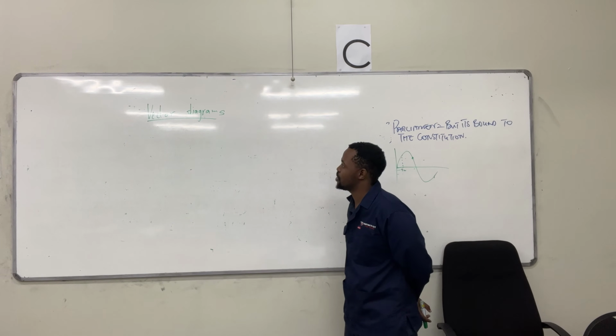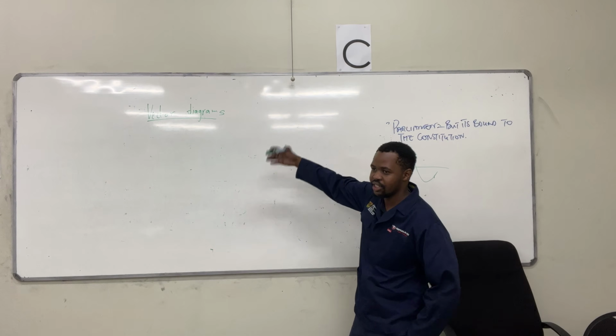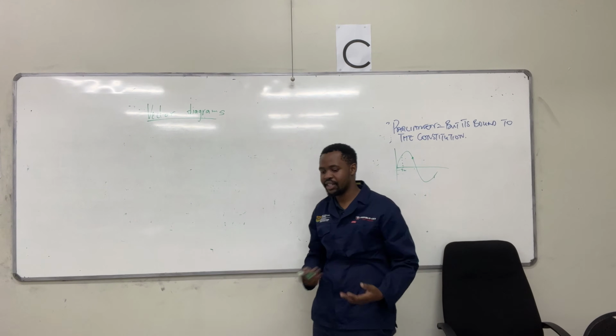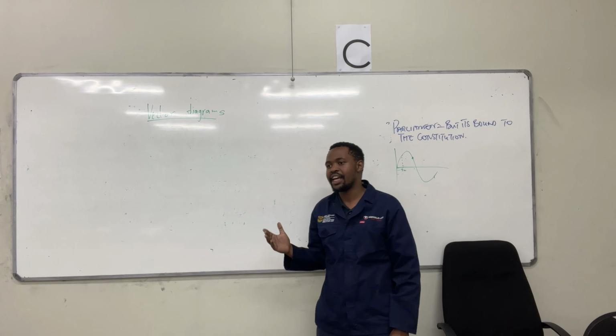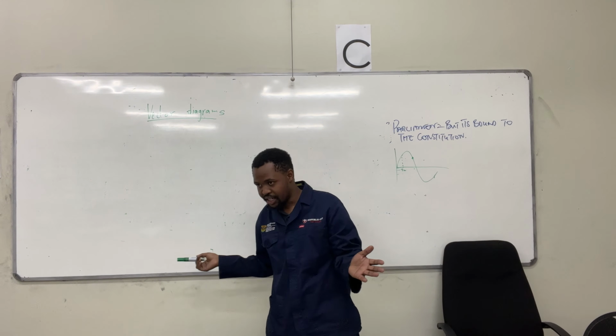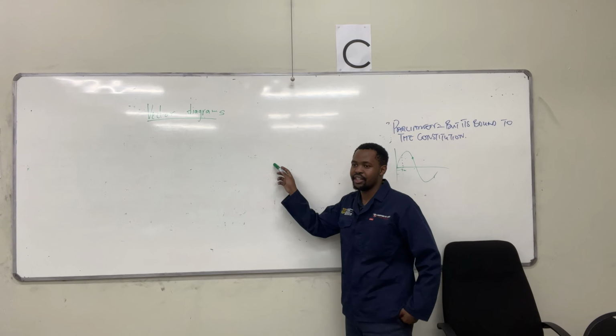To solve a problem, you often have to first draw a vector diagram. Remember why vector diagrams? AC has a magnitude and a direction, so it can be represented by a vector.